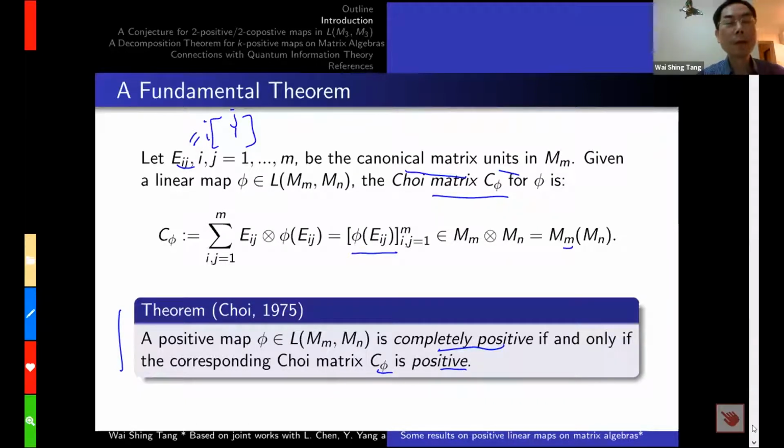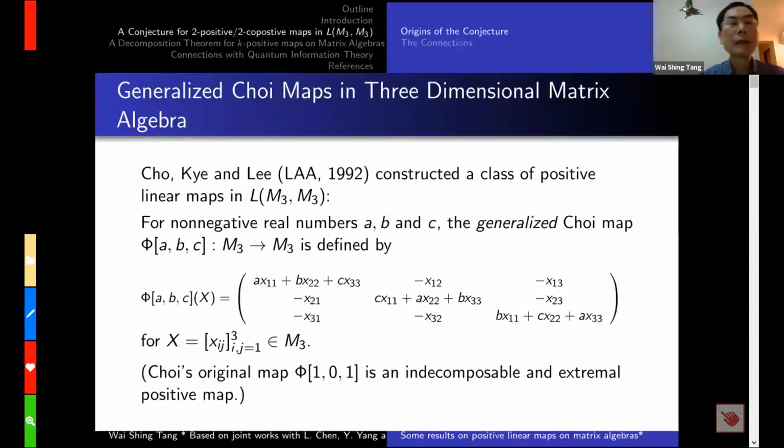Okay, so now, of course, even for low-dimensional matrix algebras, the structure of positive maps is very complicated and is not fully understood. So in 1992, Choi, Kai, and Lee proposed some positive maps on M3, which are generalizations of a special map considered by Choi much earlier.